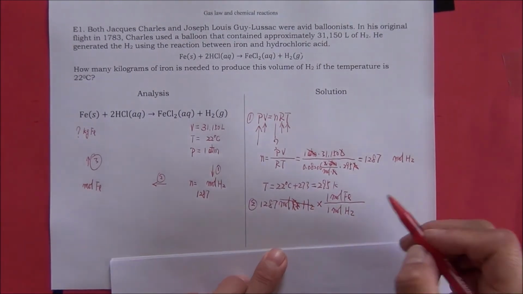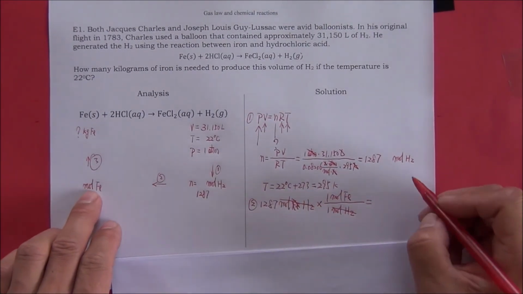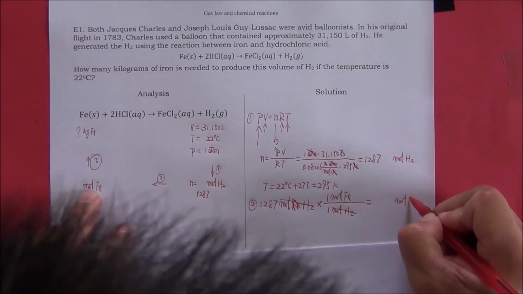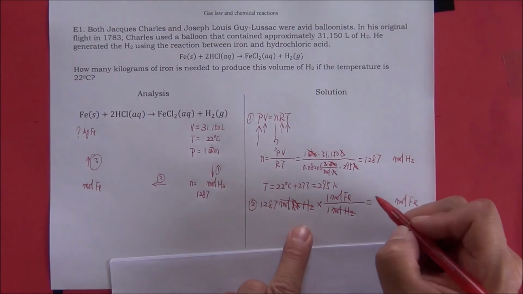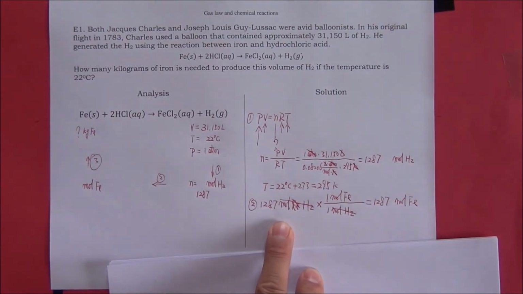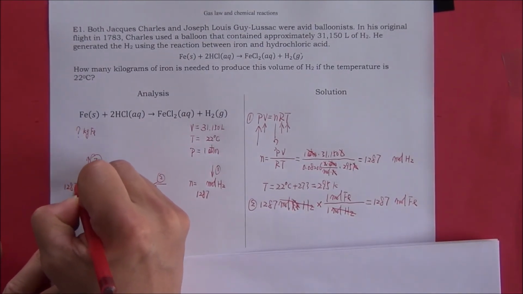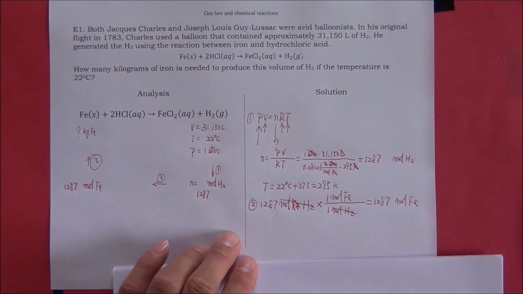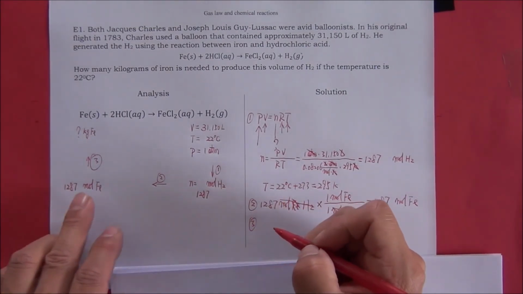Mole of H2, mole of H2, they will cancel. The unit we have left is mole of Fe. The math is extremely simple. The answer is 1287 mole of Fe. Then we need to do the last step, step 3.